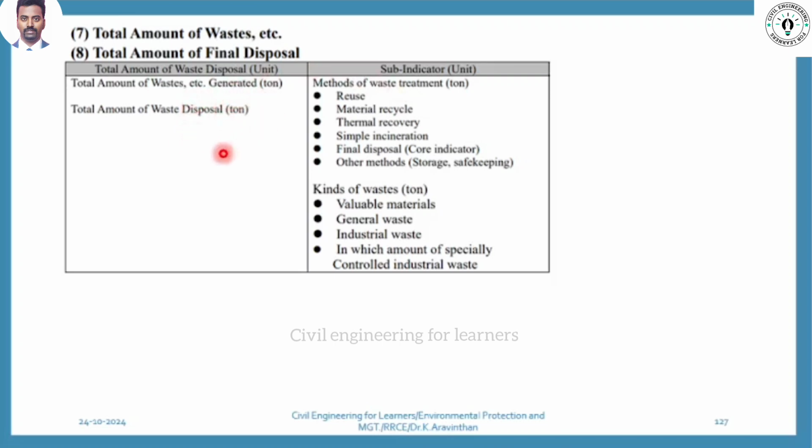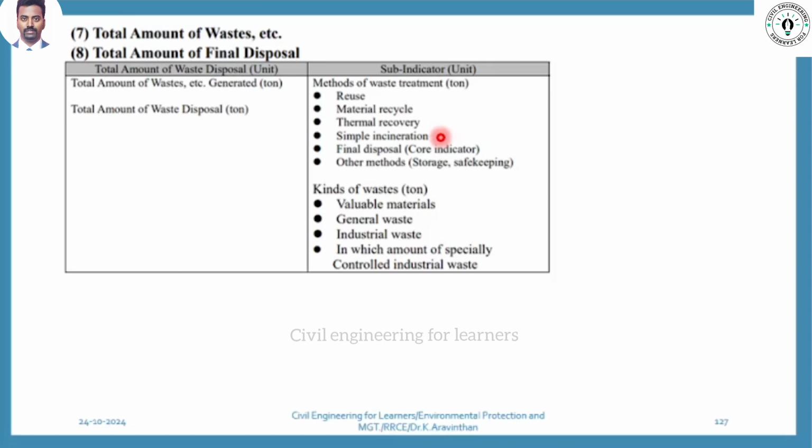Further, that waste product can be used for reuse. The material can be recovered, then simple incineration. For hazardous waste, what they do is incinerate. What does incineration mean? Burning. For example, in a hospital, they are doing treatment for you, and there might be wounds, cottons.